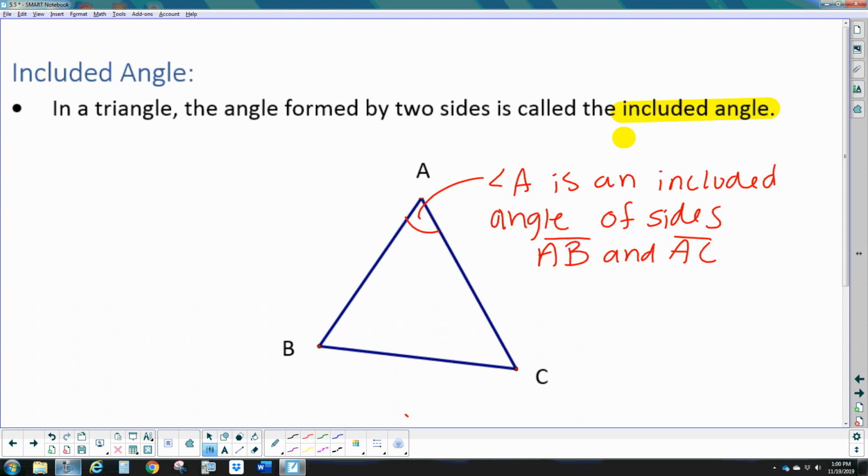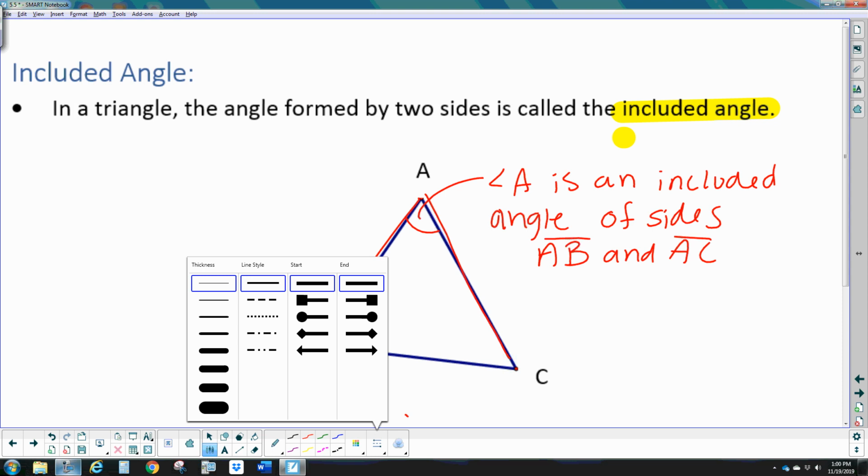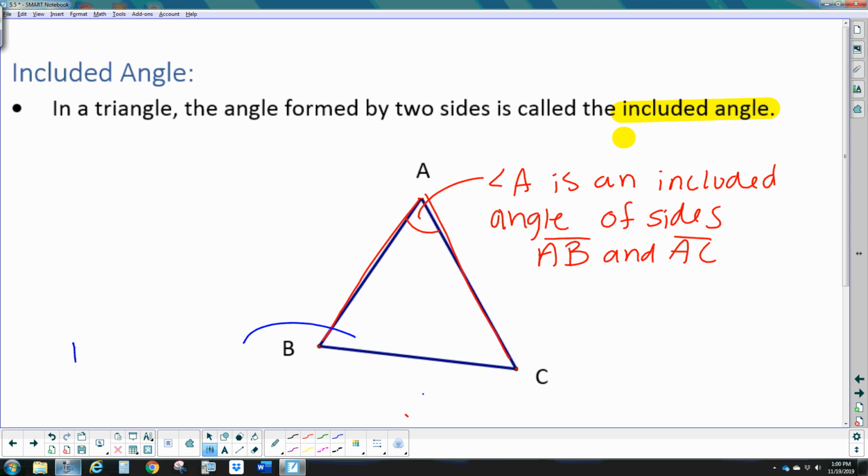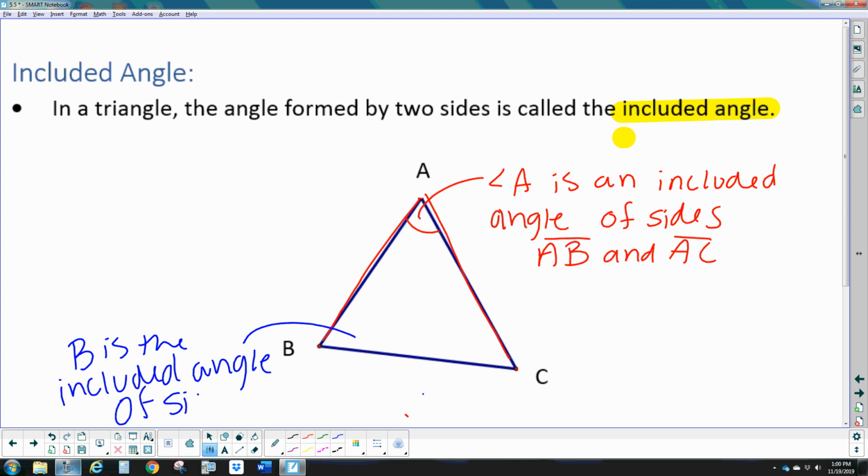Okay, so A is in between sides AB and AC. We could say that B is also an included angle, but B is the included angle of sides AB and BC.